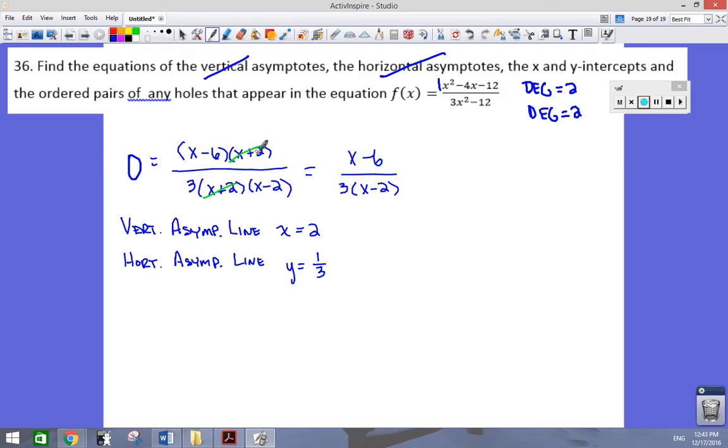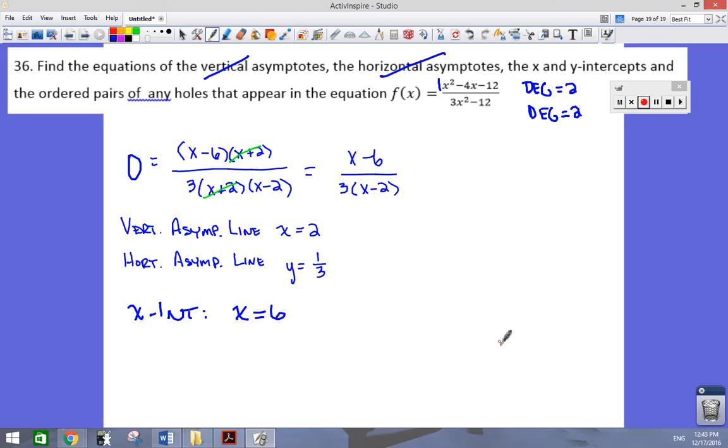But I want to be careful. I don't want to call x equals negative 2 an x-intercept because I know because these factors canceled that it's going to create a hole in the graph. So really I look to the reduced fraction and I say that the x-intercept, the graph crosses the x-axis at x equals 6.